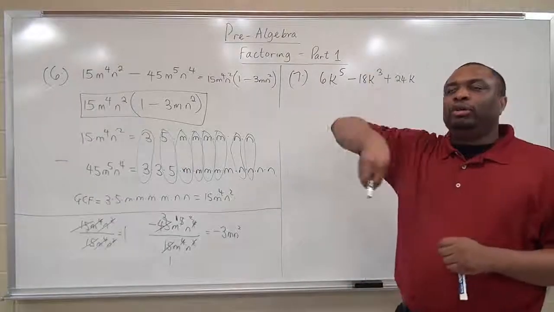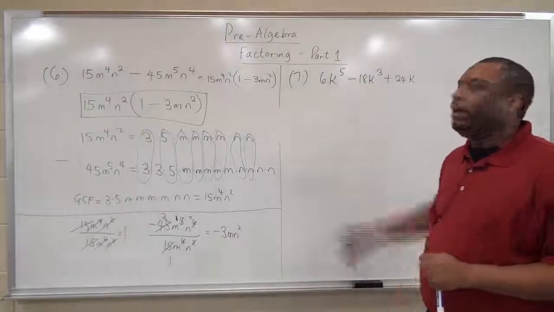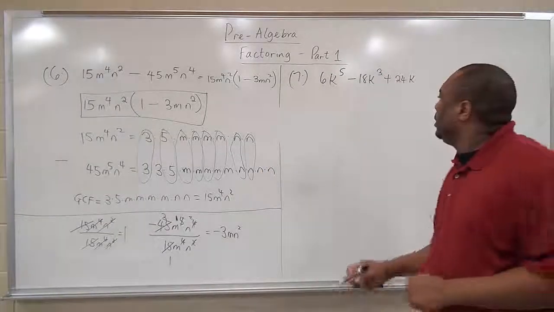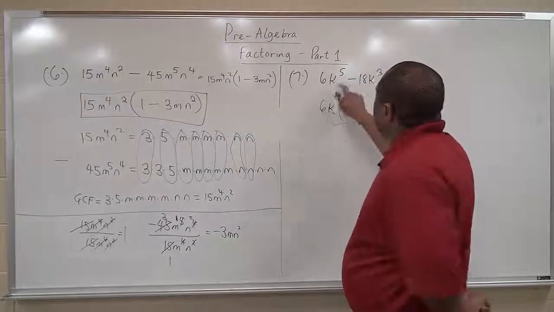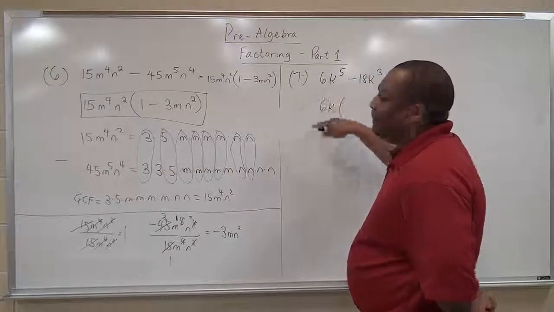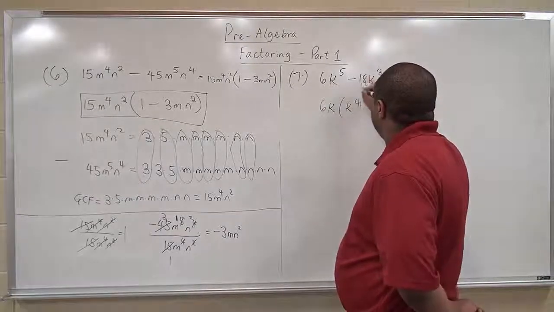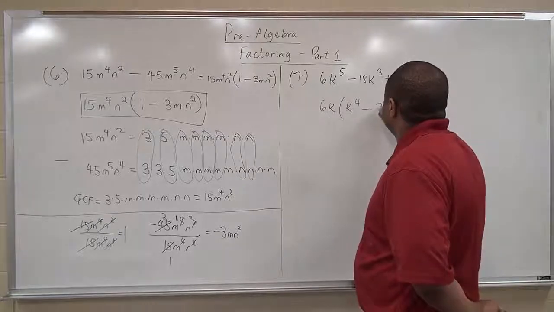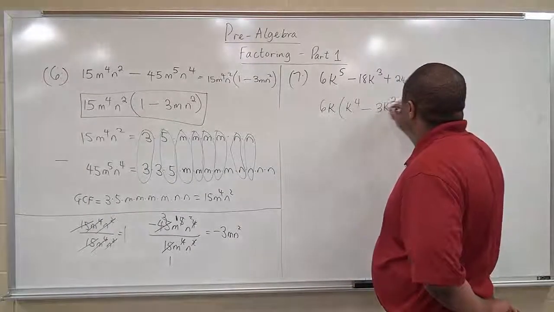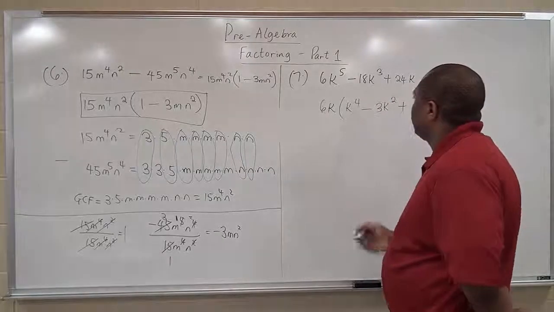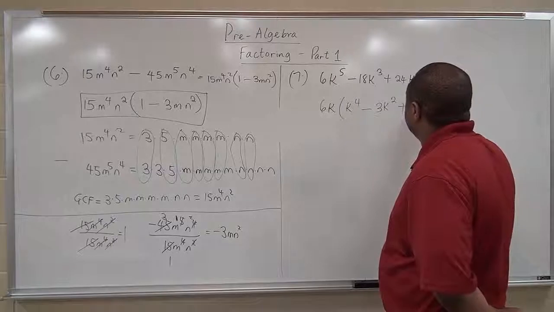The GCF is a factor of itself, and it is included in all of them. So this is 6k, and this will remain: 6 divided by 6 is 1, k⁵ divided by k is k⁴, then minus 18 divided by 6 is 3, k³ divided by k is k², then plus 24 divided by 6 is 4, and k divided by k is 1.